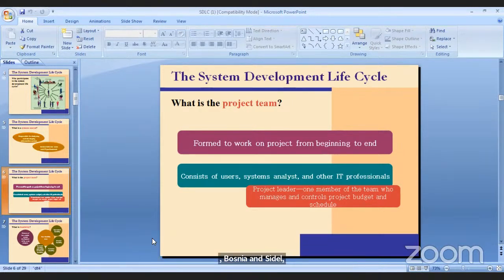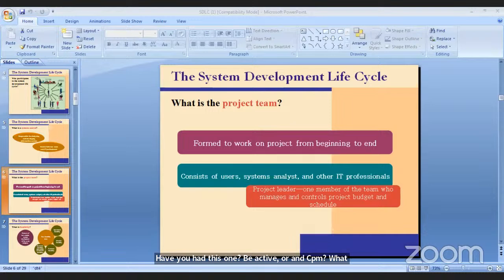Now, what is the schedule? I think you might have been taught there are two schedule approaches we are using. One is PERT, another is CPM. Have you heard this one? PERT and CPM.